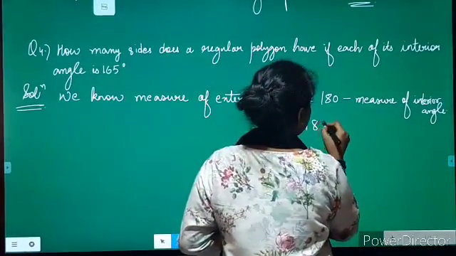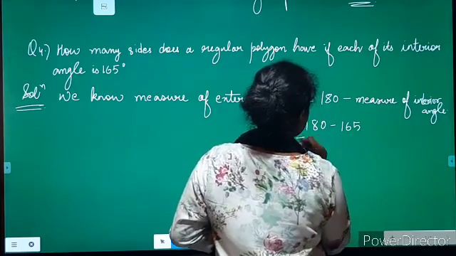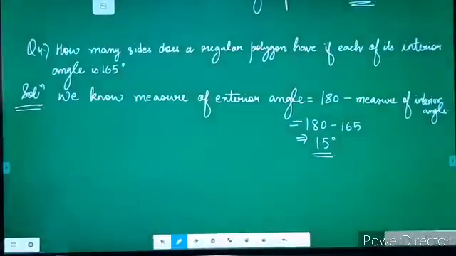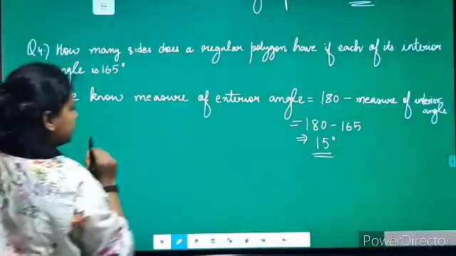So this has to be 180 minus 165. This gives us the value 15 degrees. This implies each exterior angle is of 15 degrees.